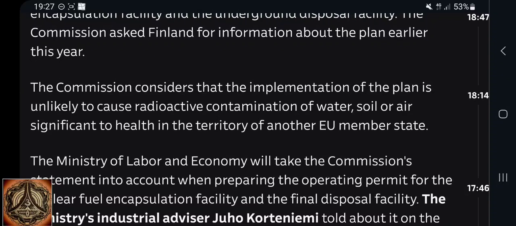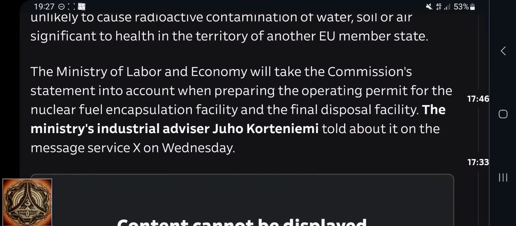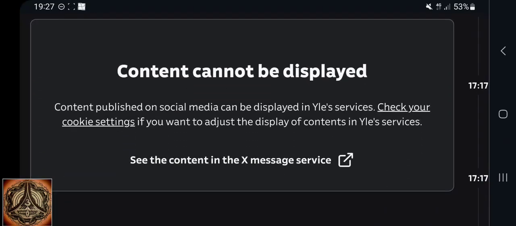The Commission considers that the implementation of the plan is unlikely to cause radioactive contamination of water, soil or air significant to health in the territory of another EU member state. The Ministry of Labour and Economy will take the Commission statements into account when preparing the operation permit for the nuclear fuel encapsulation facility and the final disposal facility. The Ministry's Industrial Advisor Juho Kortiniemi told about it on the message service X on Wednesday. Content cannot be displayed. No.